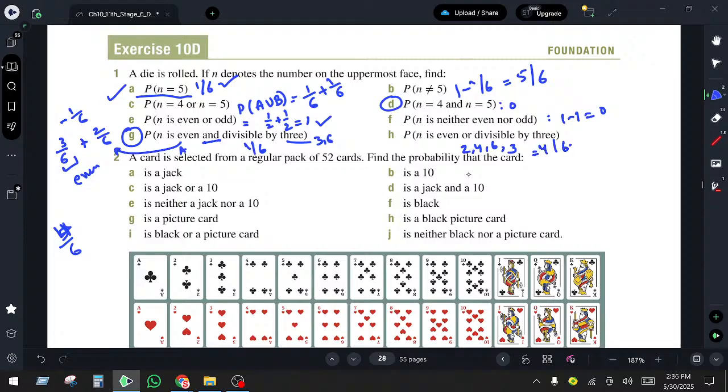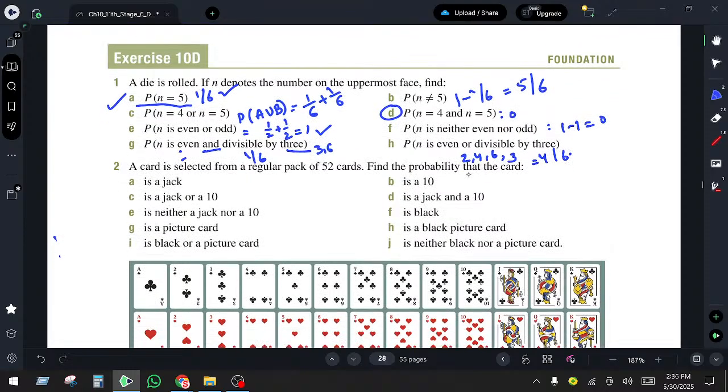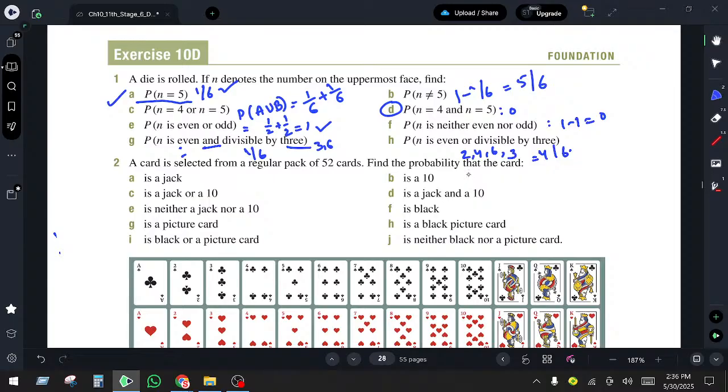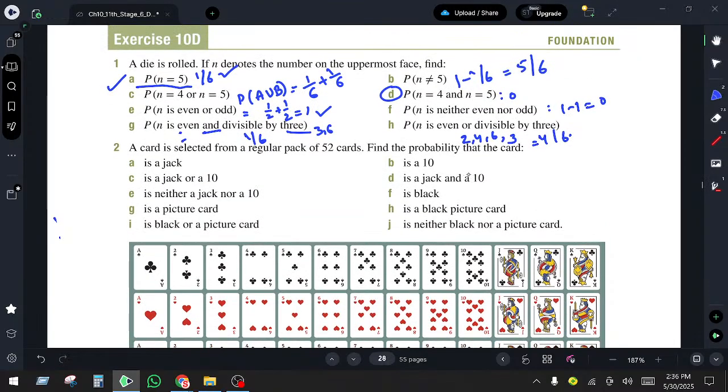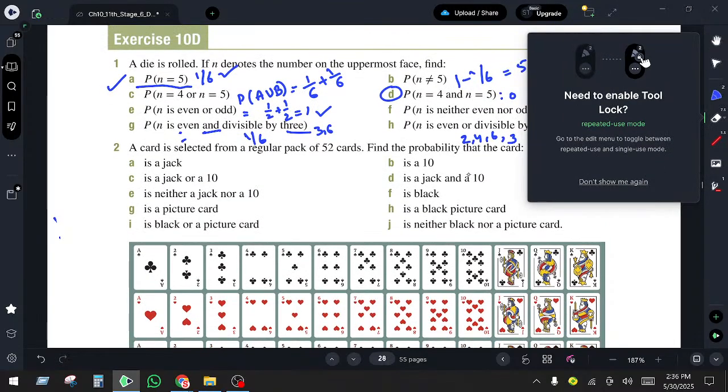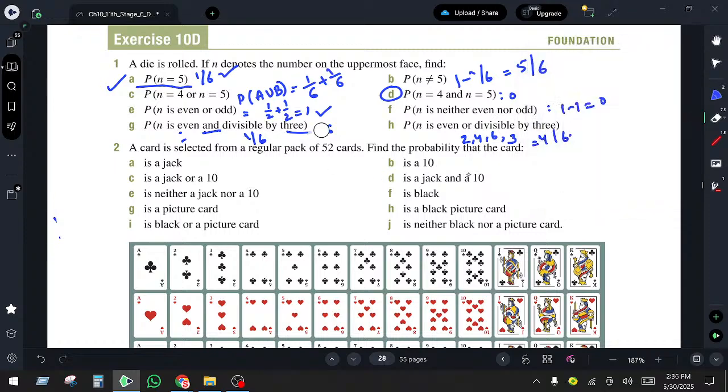Here also you have to understand it is only 1 by 6, because the favorable outcome is only 6. This is 1 by 6 only because 6 is the only output.